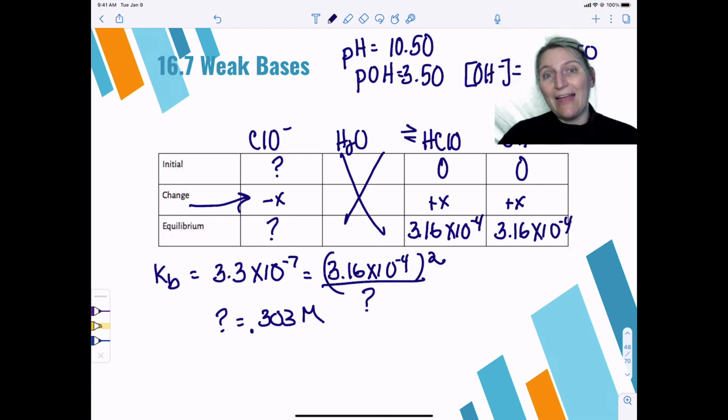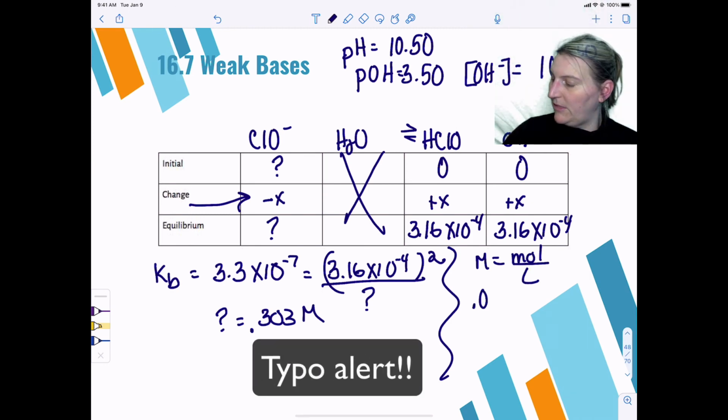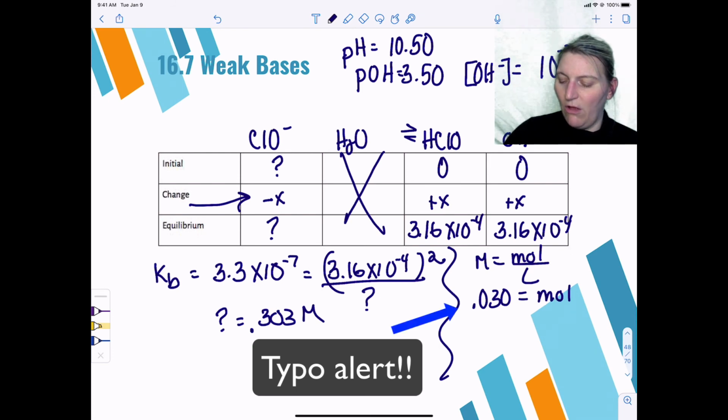What does the question ask? It says, how many moles of sodium hypochlorite do I need to add to 2 liters to get this pH? So I need to get the molarity to 0.030. Well, molarity equals moles over liters. My molarity is this 0.030. The mole is what I want to solve for.